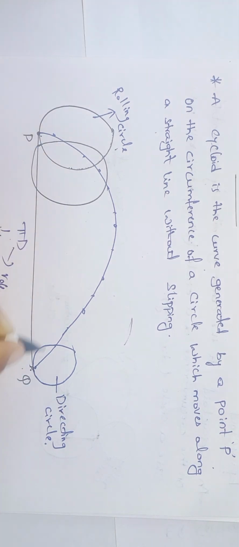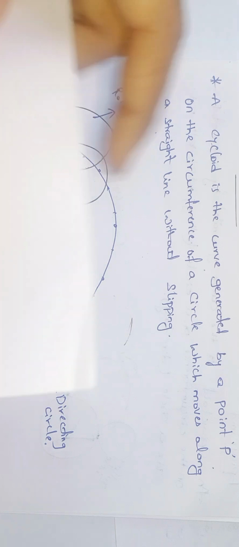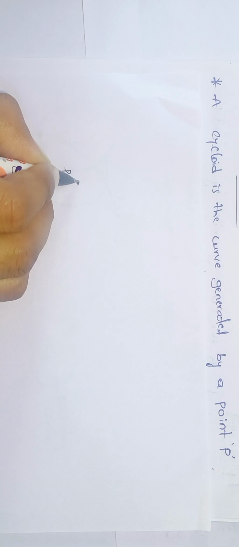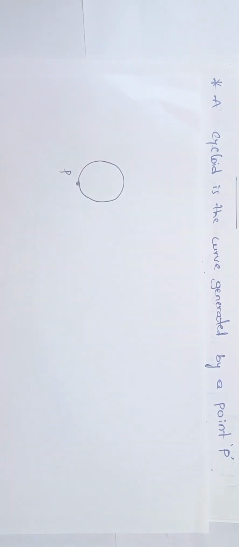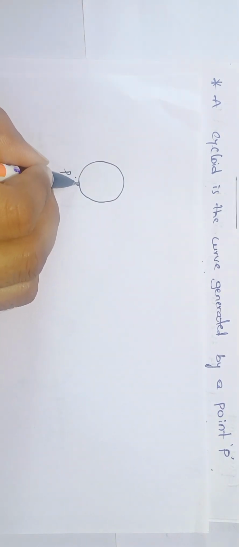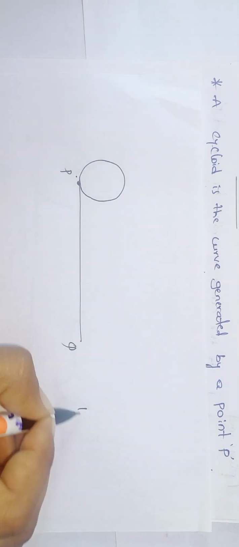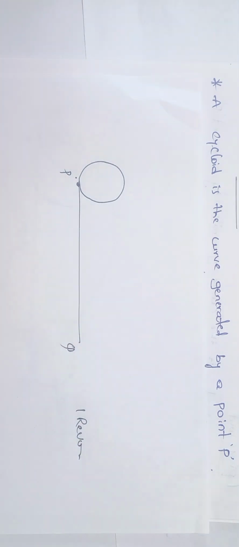It travels one revolution. This is called a cycloidal curve.